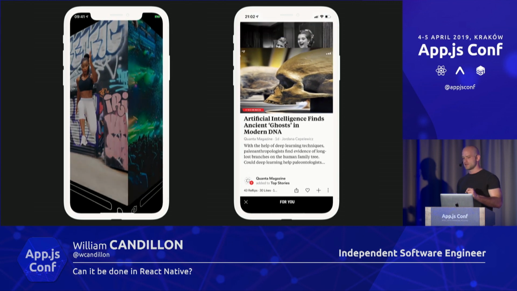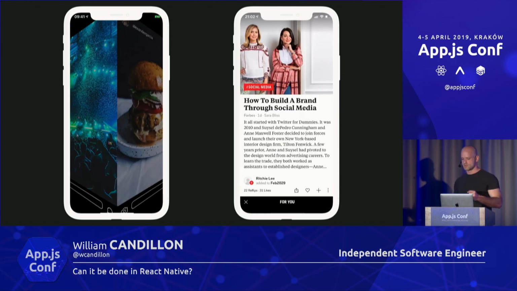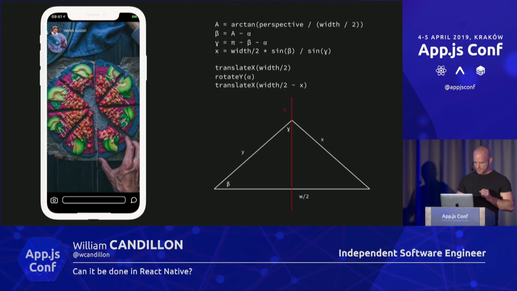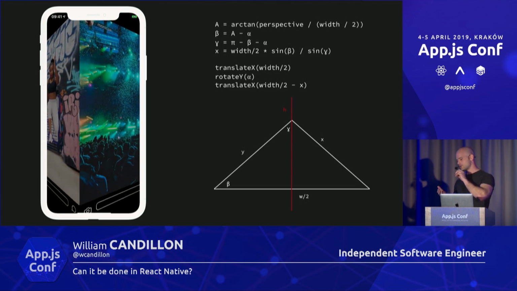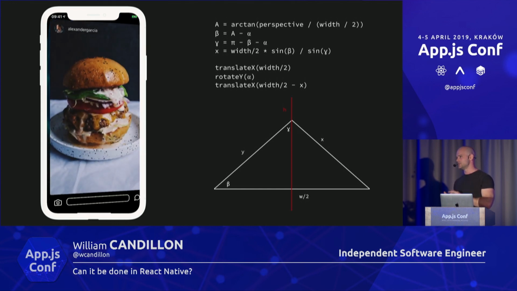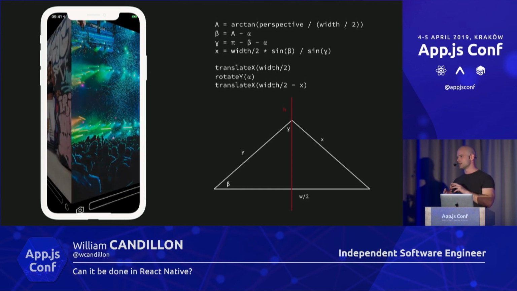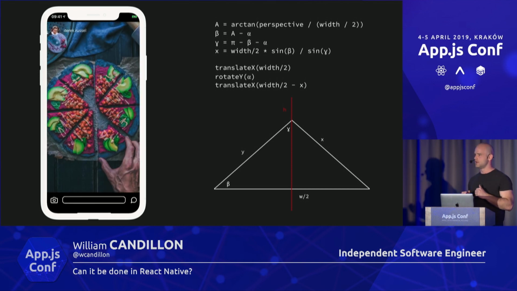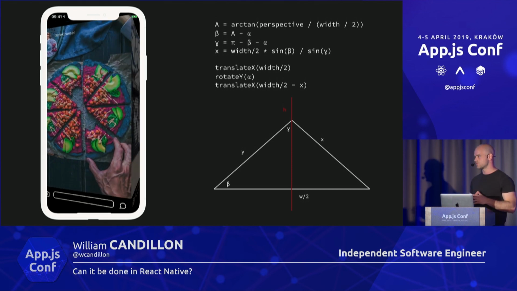They're getting a little bit more tricky to do on Android because these animations require us to have complete control over the perspective of the scene. And on Android with React Native, we don't have such control.